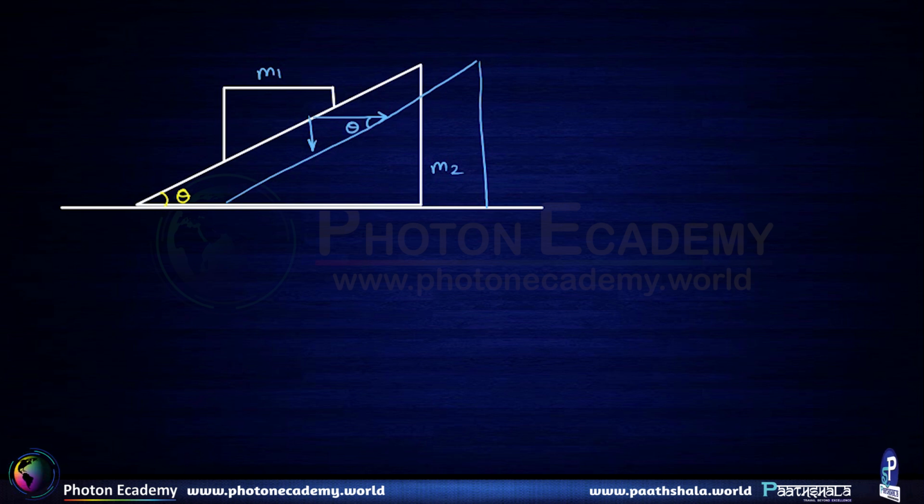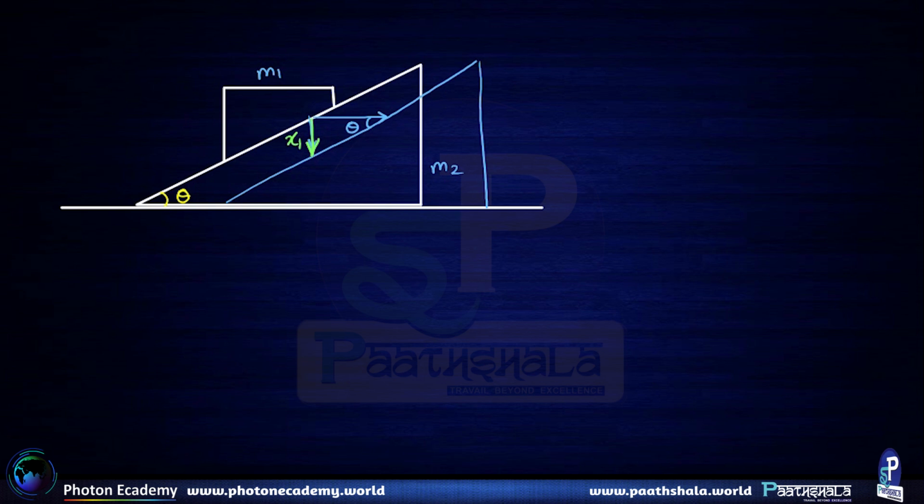Here it's clearly easy to understand that this is the displacement of mass m1, I'm labeling it as x1, and this is the displacement of mass m2, I'm labeling it as x2. So tan theta has to be equal to x1 upon x2.